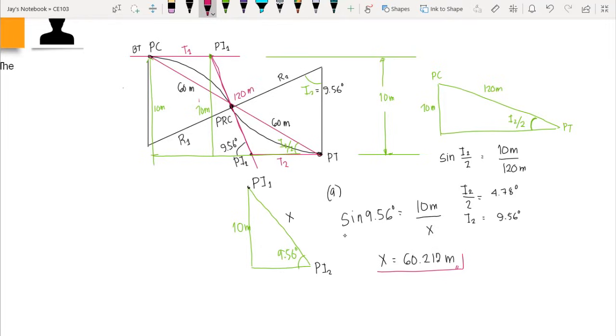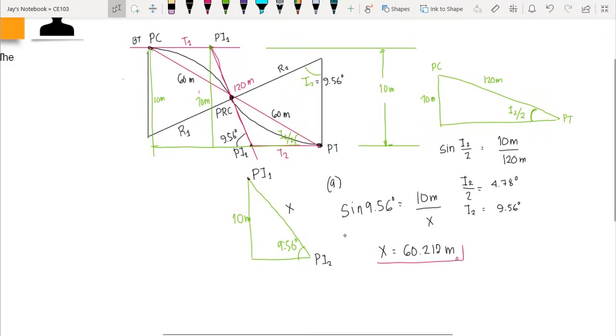So basically, the tangent of the first curve is equal to the tangent of the second curve. Since we have a total tangent line of 60.212, to compute for the tangent of the first curve, this is just 1/2 of 60.212. So that means our tangent 1 is equal to 30.106 meters, and that would also be the tangent length of our simple curve 2.